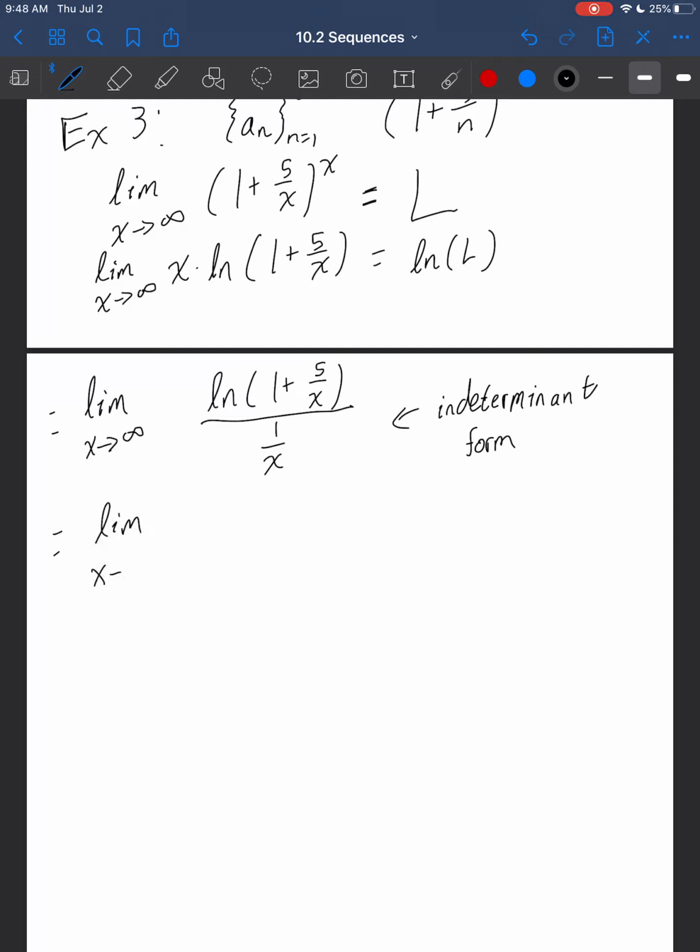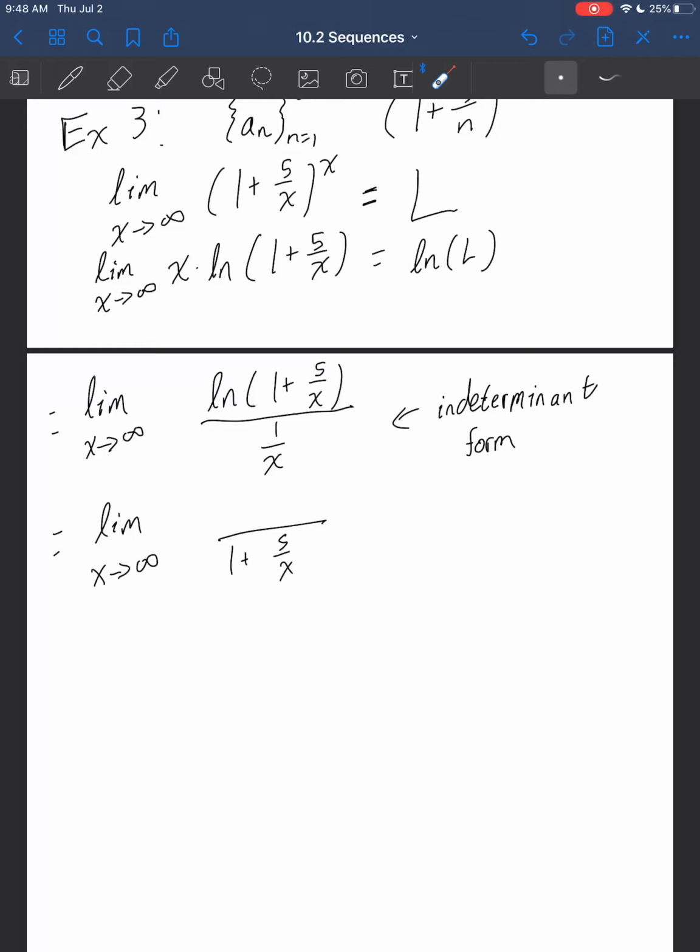So, limit as x goes to infinity, and now I can take the derivatives of the top and the bottom and compute that instead. So the derivative of the natural log of 1 plus 5 over x is going to be 1 over 1 plus 5 over x. And then on top of this fraction, we have the derivative of 1 plus 5 over x. The 1 will go away.